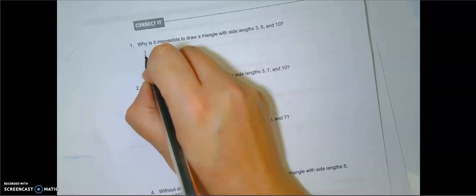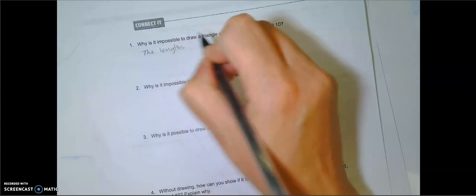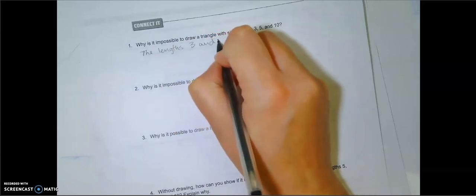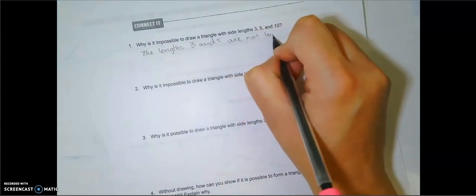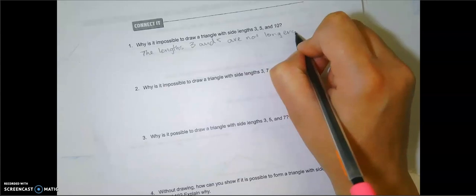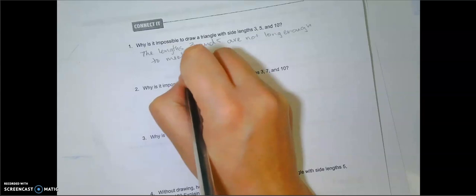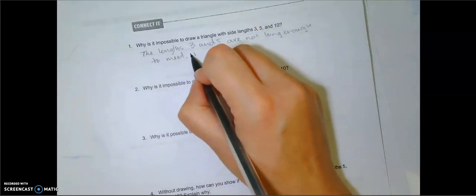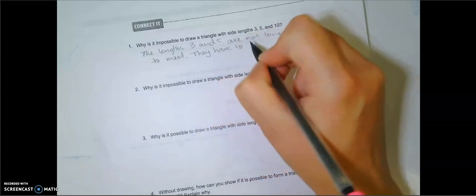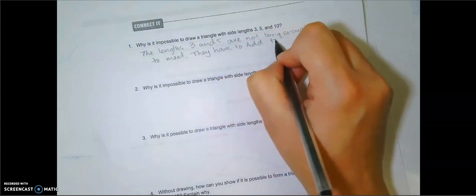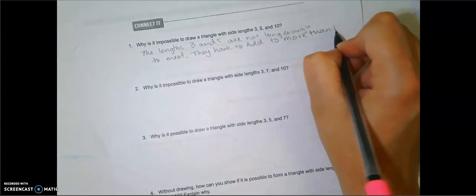And so the lengths 3 and 5 are not long enough to meet. They have to add to more than 10.